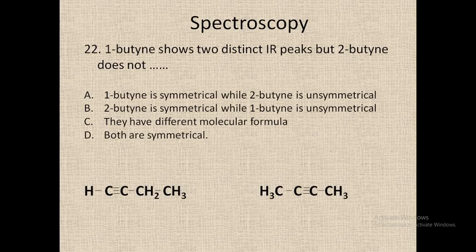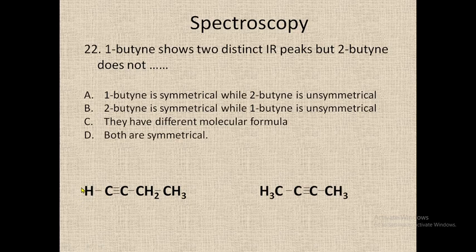So here are the structures of 1-butyne and 2-butyne. For 1-butyne, the triple bond starts at carbon number 1, and for 2-butyne, the triple bond starts at carbon number 2. In case of 1-butyne, here is a CH stretching frequency of acetylene.